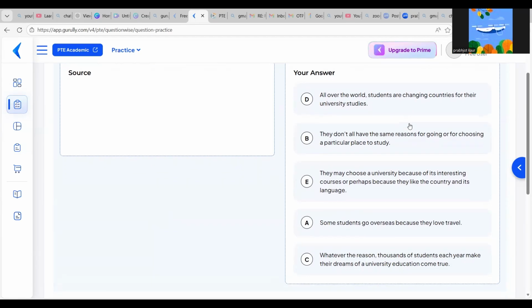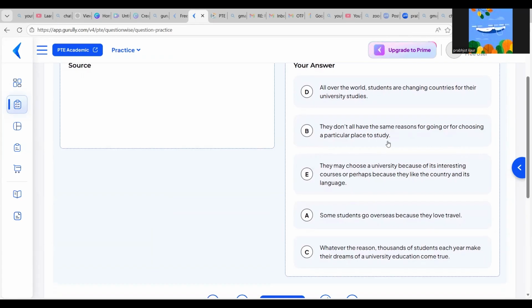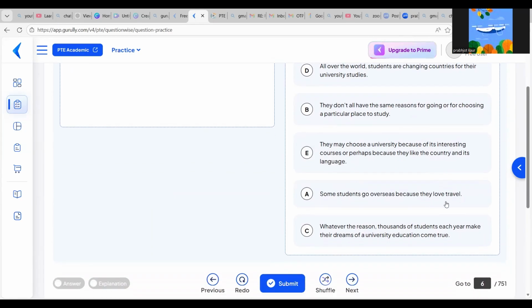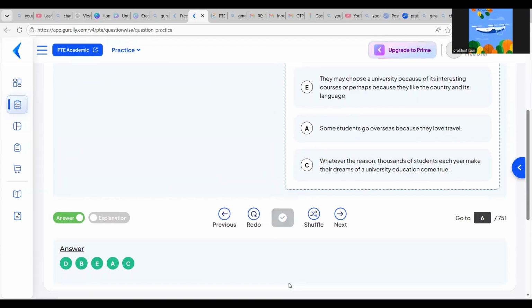First of all, changing the country, then the reason for choosing a place to study, and they choose some interesting course, some like the country. Some like to love travel, and some reasons are mentioned here. D, B, E, A, C. Yeah, all correct.